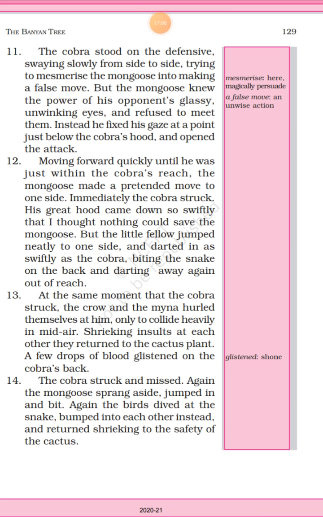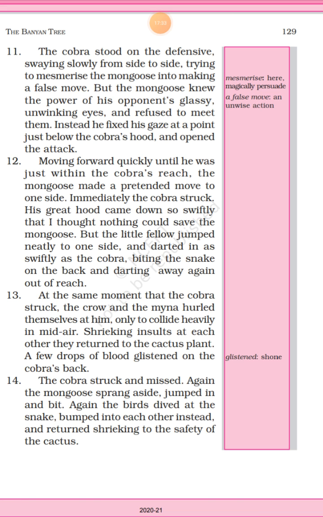At the same moment, the cobra struck, the crow and the myna hurled themselves at him only to collide heavily in the mid-air. When the fight was taking place, they were in excitement, they started flying close in the air.